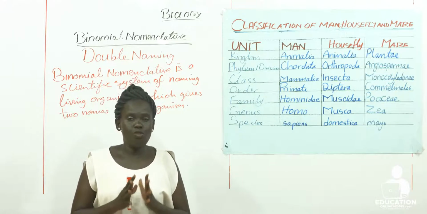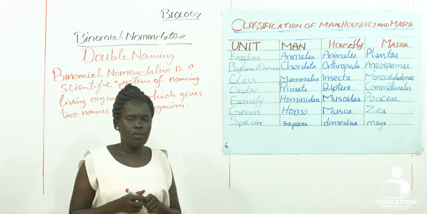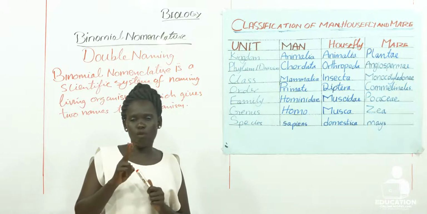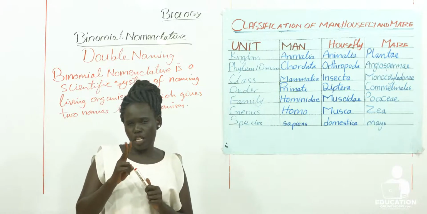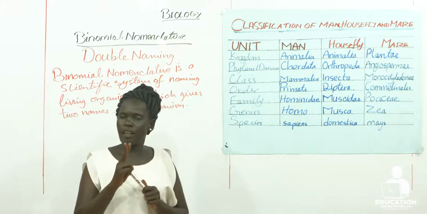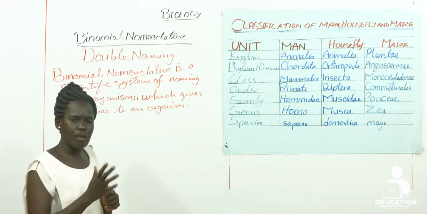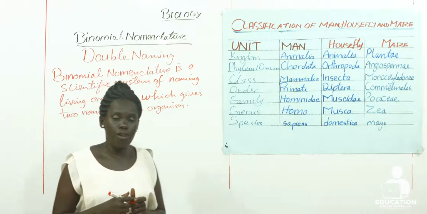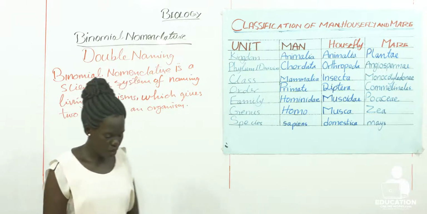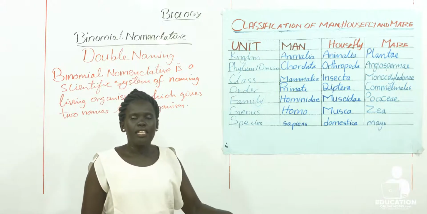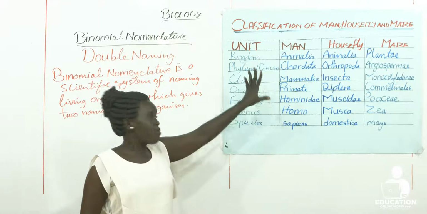So what are these two names? The two names, that means the scientific name, is made up of two names. The two names are genus name and species name, combined together to become the scientific name of an organism. That's why binomial nomenclature has a connection with classification.